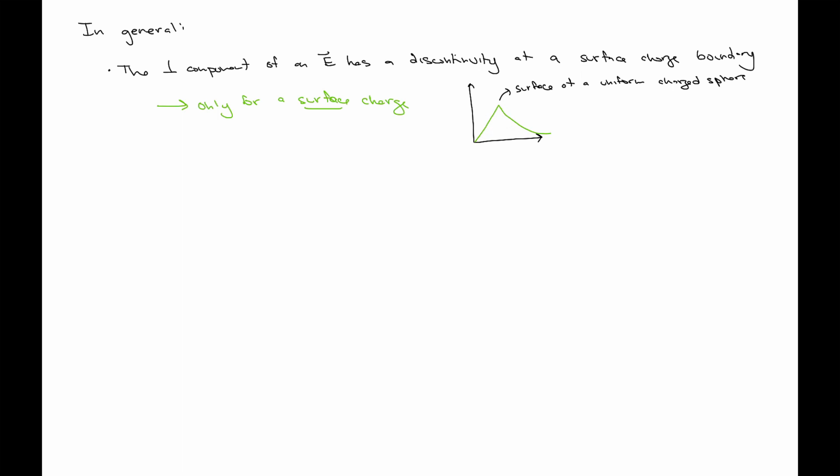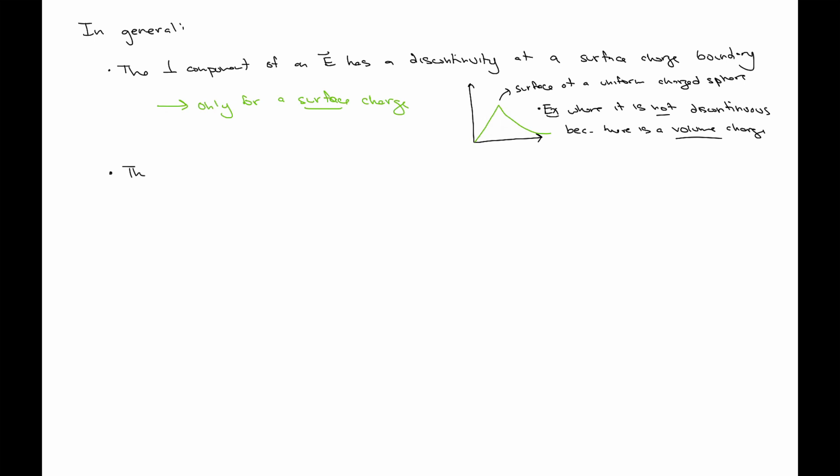Okay, so this is an example where it is not discontinuous because there is a volume charge. There's charge throughout the volume, not just on the surface. Okay? All right.